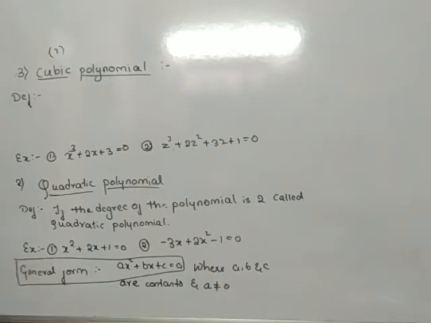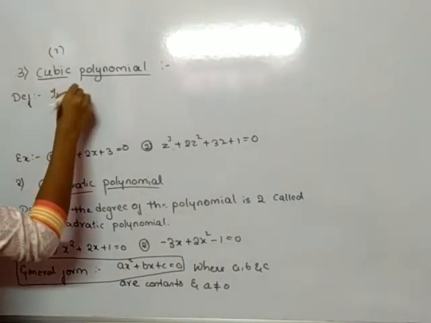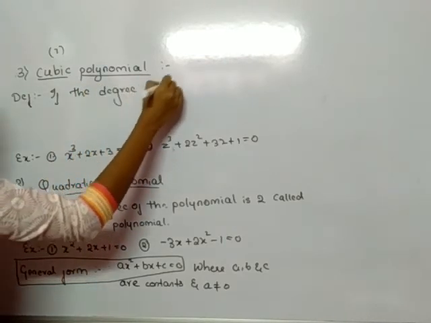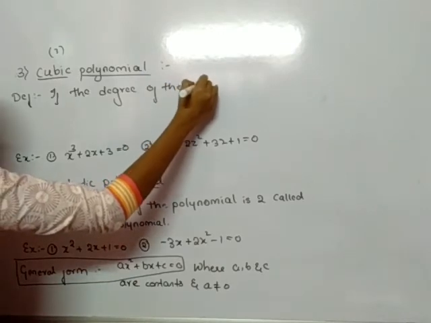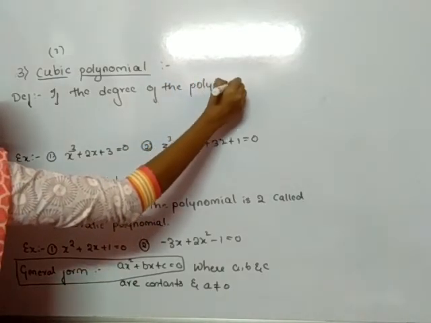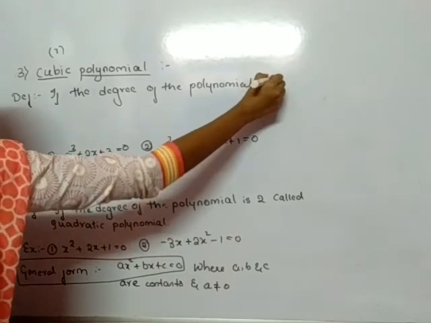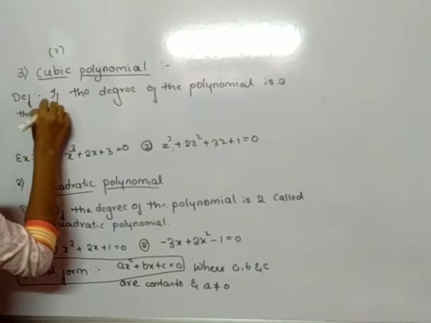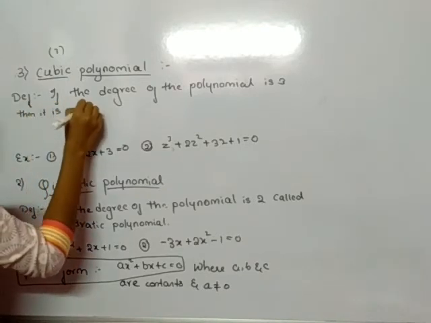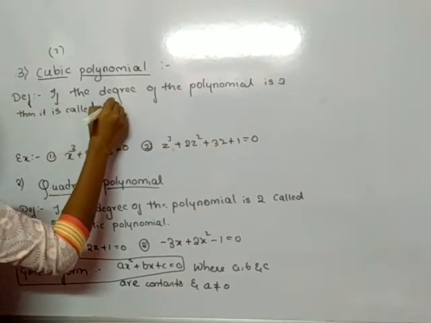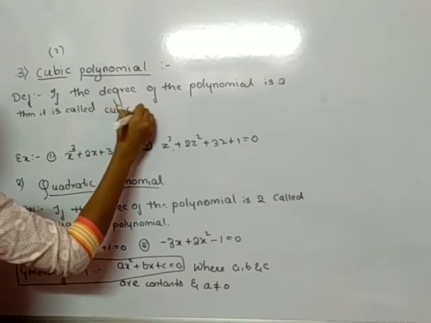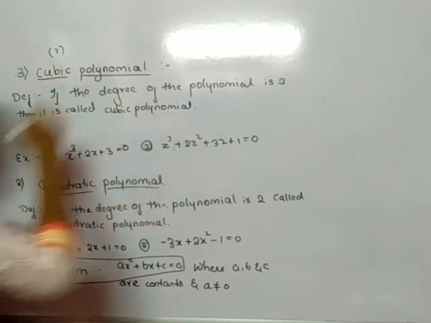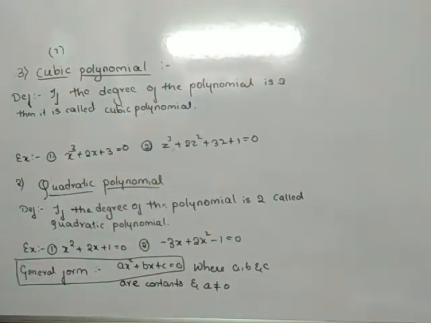So we'll define it: if the degree of the polynomial is 3, then it is called a cubic polynomial, right? This is the definition of the cubic polynomial.